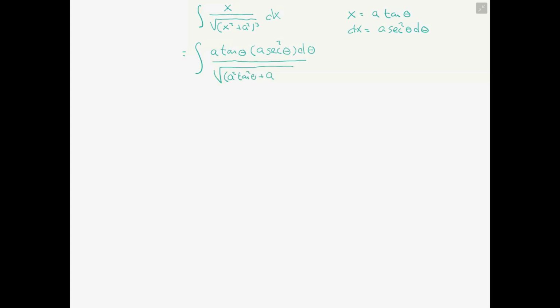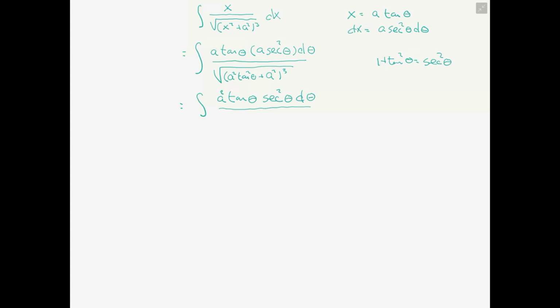So down here we got a tan theta secant squared theta d theta all over, that's the square root of secant to the 6th, so a secant to the 6th. So we got a to the 6th, secant to the 6th theta.